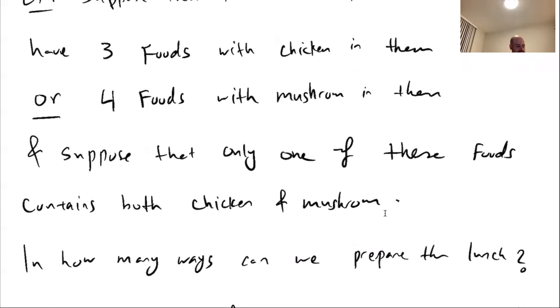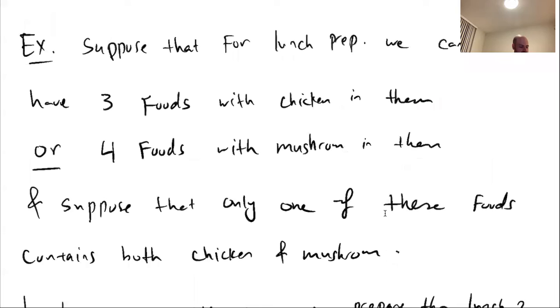Right? If I call them, for example, food 1, let's say food 1 is the food that has both chicken and mushroom. Then we have food 1, food 2, food 3. But then these 4 foods with mushroom, one of them is already food 1. So then I have food 4, food 5, food 6.